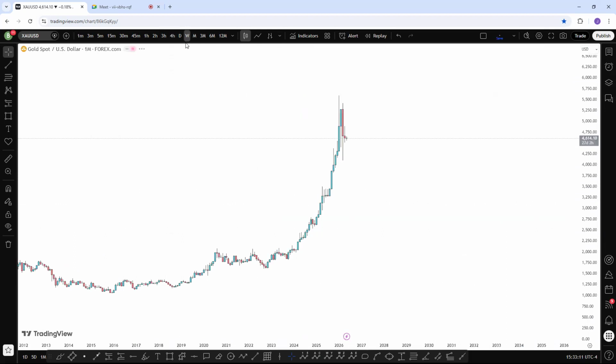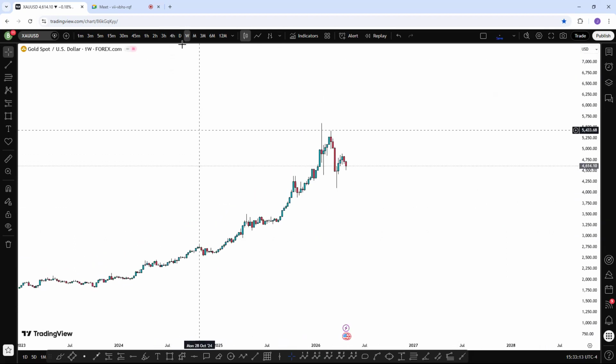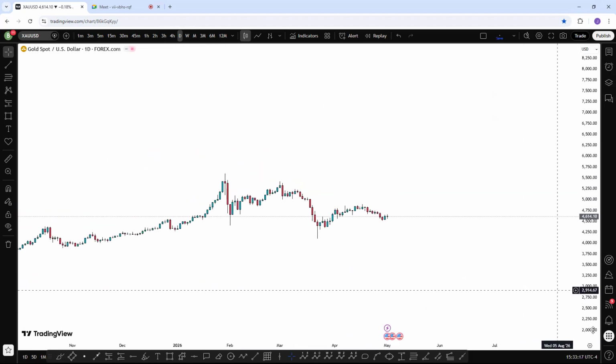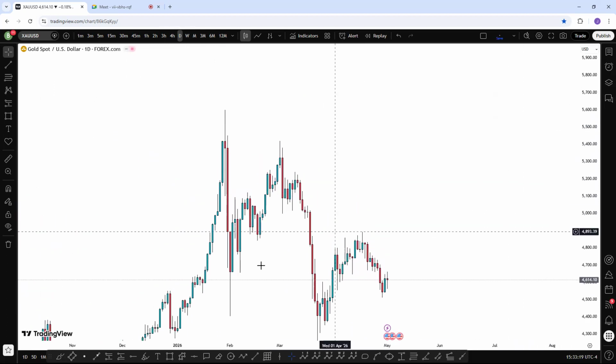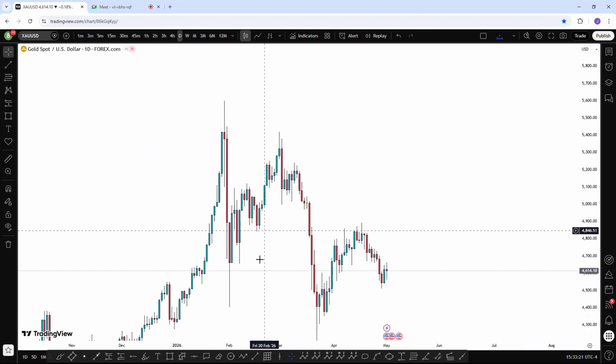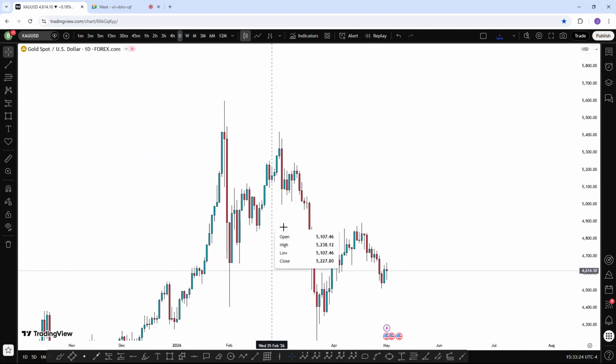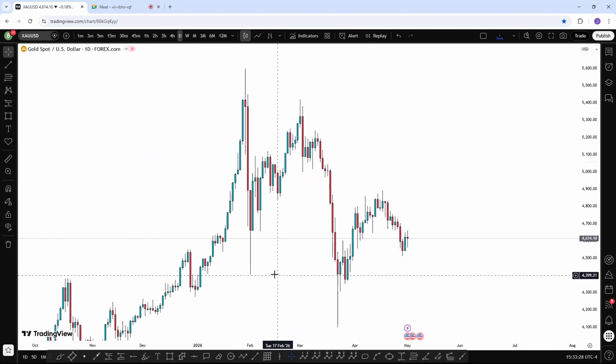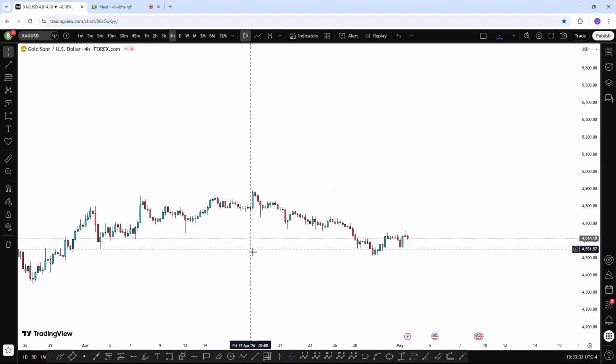We check weekly, daily, 4 hour to see if we can find good examples of what we call high confluence setup. We use 4 hour.